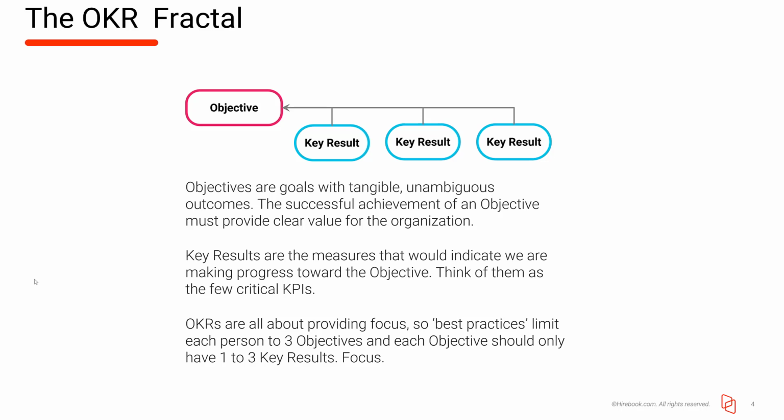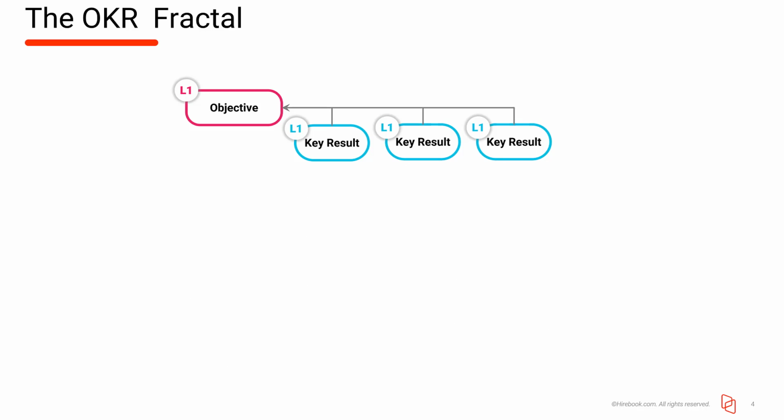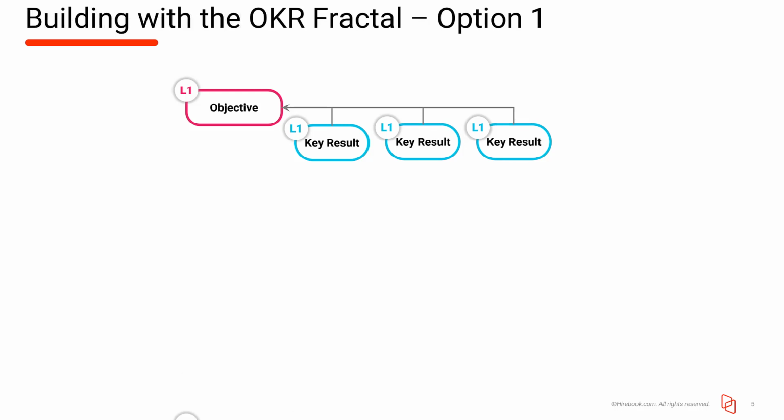Now, like Lego blocks or a fractal, they have to be connected together. And basically, there are three ways to connect these fractal elements together to begin building the overall organization fractal. So let's take this example for this objective, and we'll say it's a level 1 objective, the top of the organization. And those beneath it would be level 2, level 3, level 4, and so forth. So for that level 1, there are two ways we can connect the next level down.